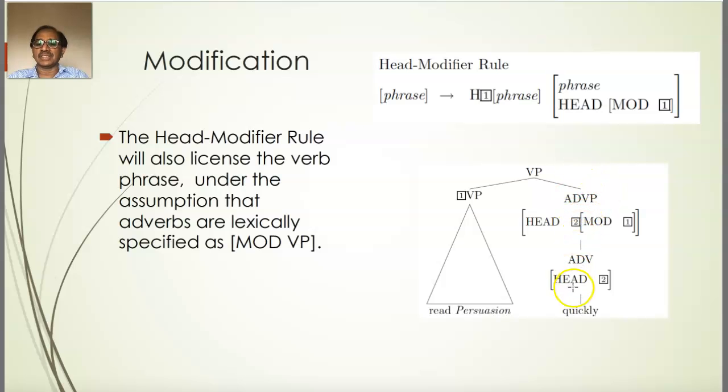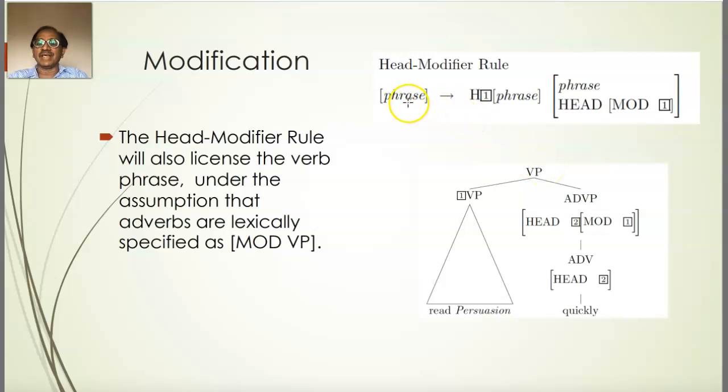This is the mother node, this is the daughter node. So by the head feature principle, the value here is passed down. What is the value? Modified 1. What is 1? It is a VP. So the adverb quickly modifies a VP. Right? Now this is a modifier and you have the head daughter combined together to become a phrase.